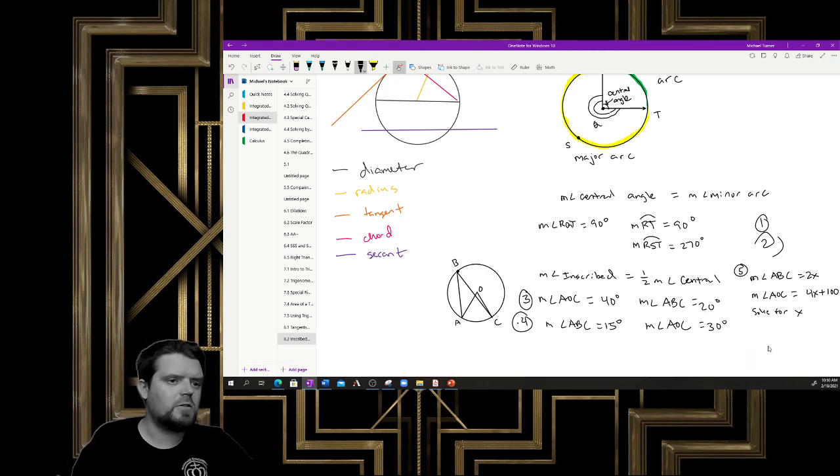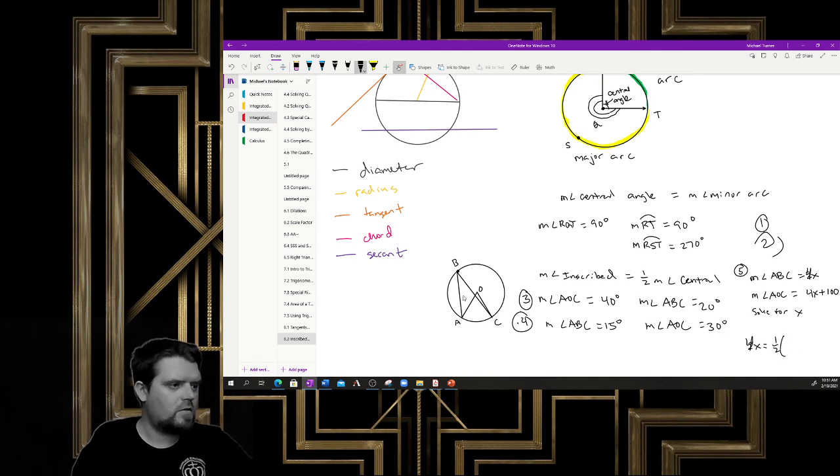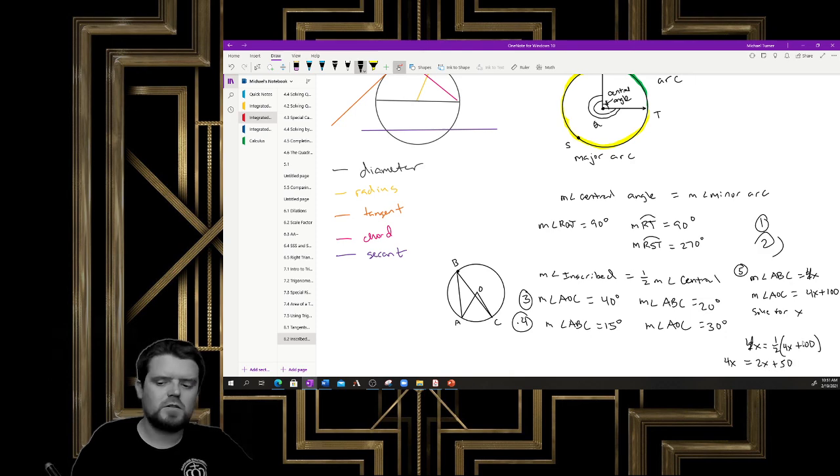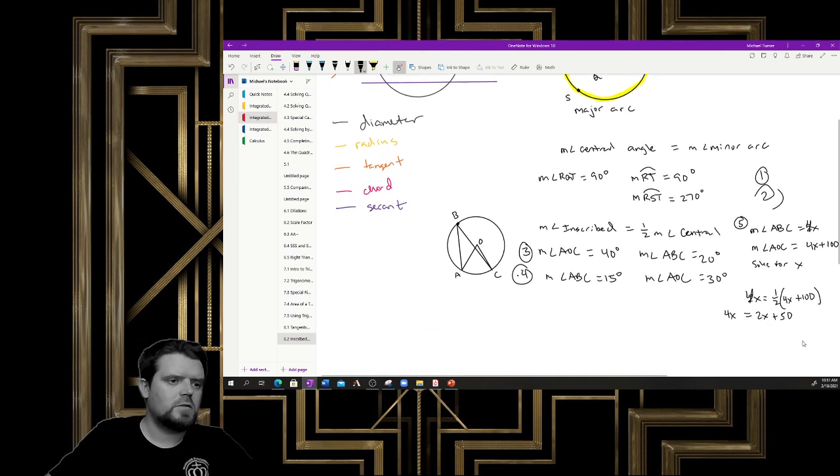The inscribed angle is 2x, and that's equal to, of course, let's change this, I'll make this 4x also. So 4x is equal to 1/2 of the central angle, which is 4x plus 100. Distribute: 4x equals 2x plus 50. Subtract 2x on both sides. Divide by 2.